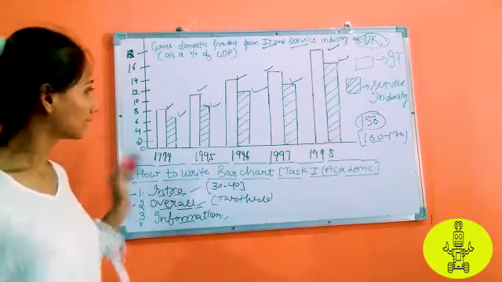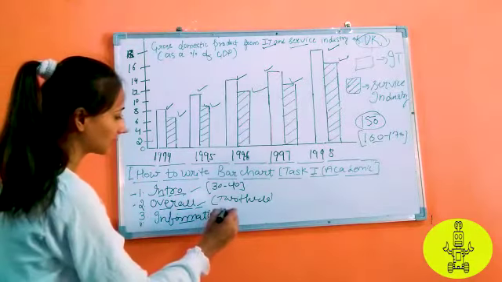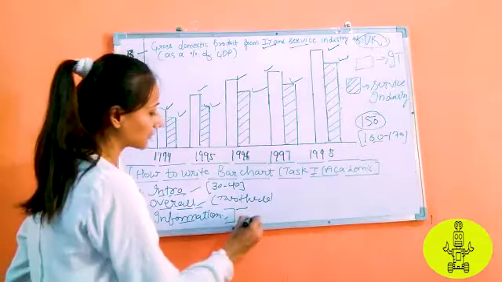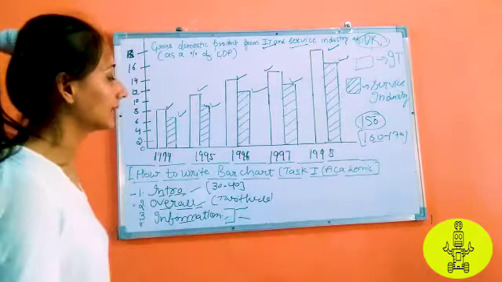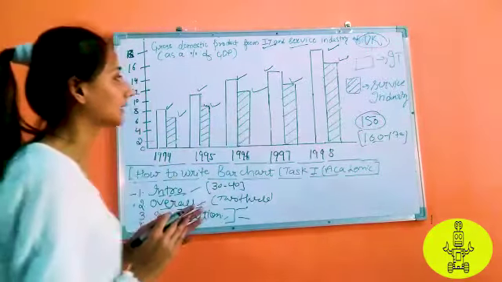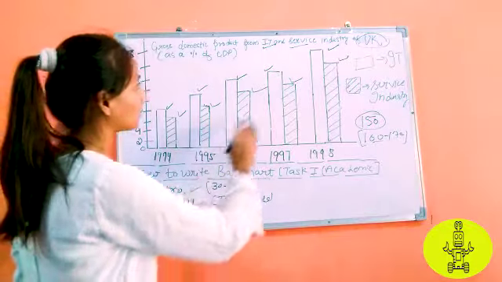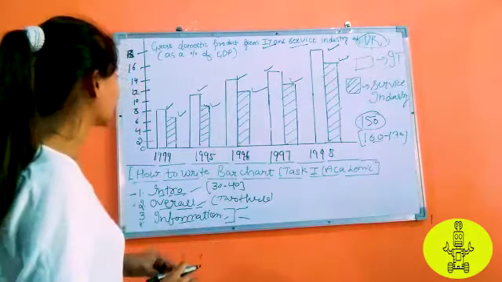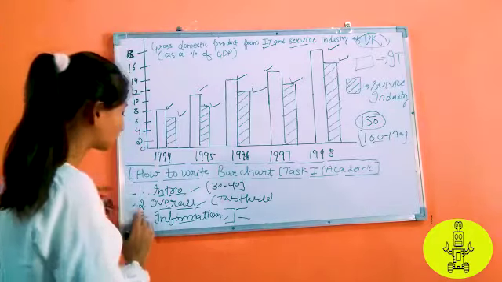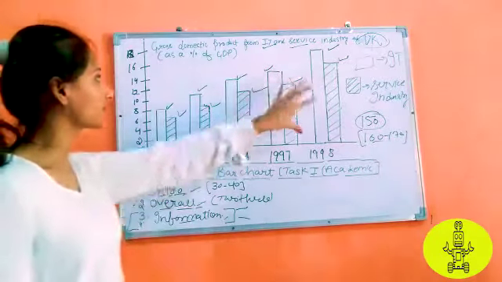Next is the information, that is the third paragraph and the fourth paragraph. In the third paragraph you will write about the IT industry. In the fourth paragraph you will write about the service industry. In these last 2 paragraphs, you need to give the detailed information mentioned here.